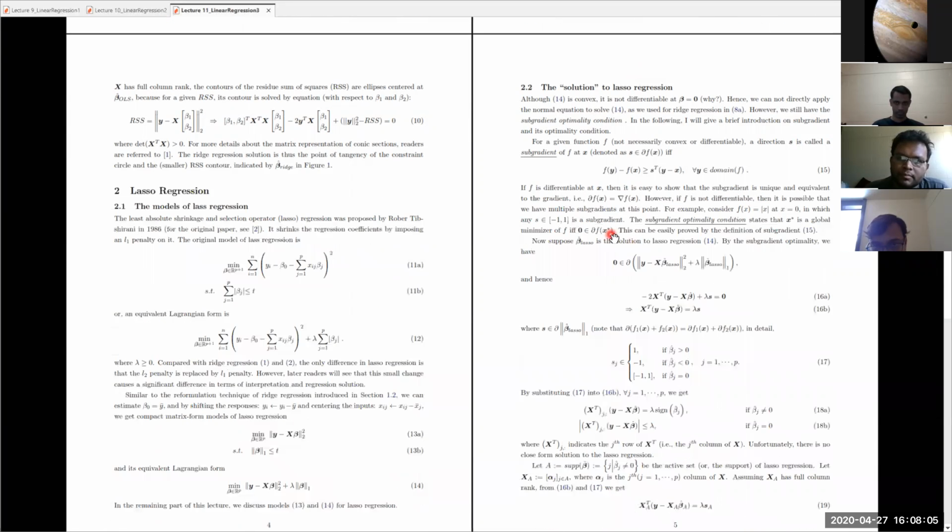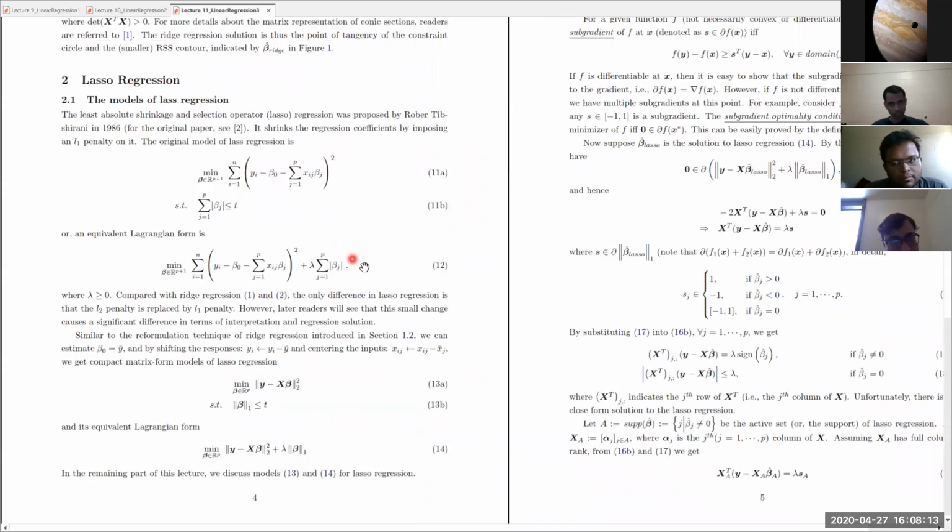Okay, now let's have a look at the second thing, which is the lasso regression. The finding of lasso regression in the 1990s is, I would say, one of the biggest milestones in the history of statistics.